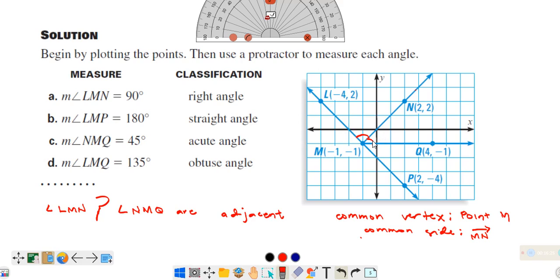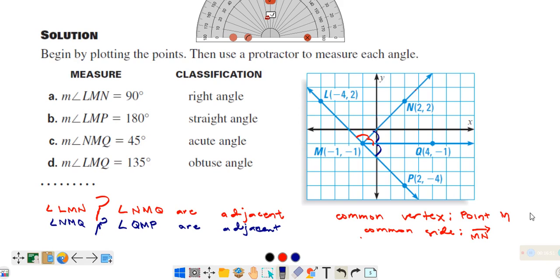Dito naman tayo sa kabila. Si NMQ at saka si QMP. Dito naman tayo sa blue. Yan. Angle NMQ and angle QMP are adjacent ulit.